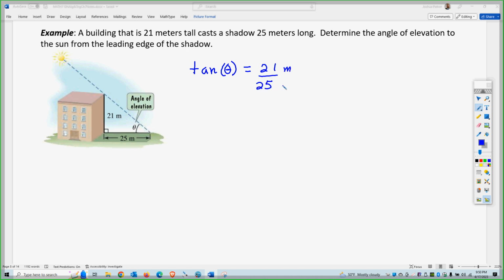And these are both meters, which in fact will cancel because meters over meters cancel. So then we want the angle, so we have to get rid of the tangent function. So I'm going to use the inverse tangent function on the tangent.